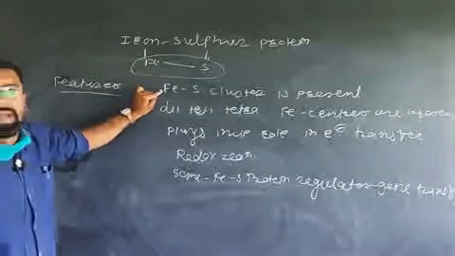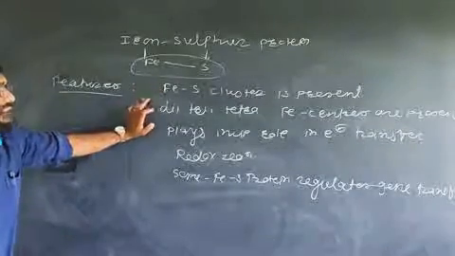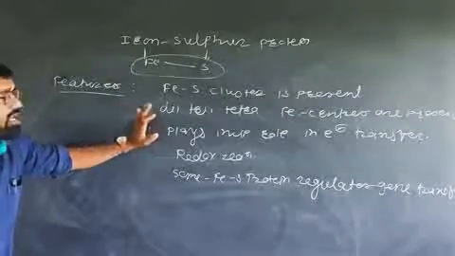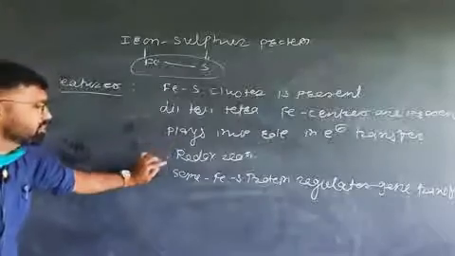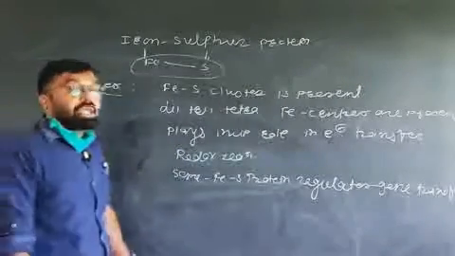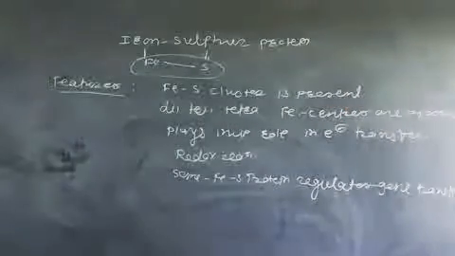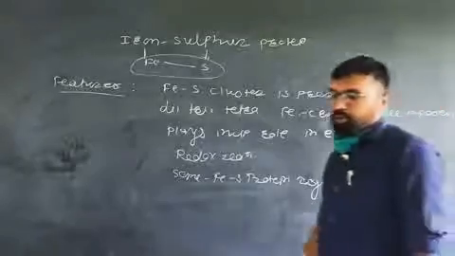That is, an FeS center or FeS cluster is present. This cluster may have di, tri or tetra Fe centers. It plays an important role in the electron transfer process, that is redox reactions. Then some FeS proteins regulate the gene transfer process too. These are the common features of iron sulfur protein.